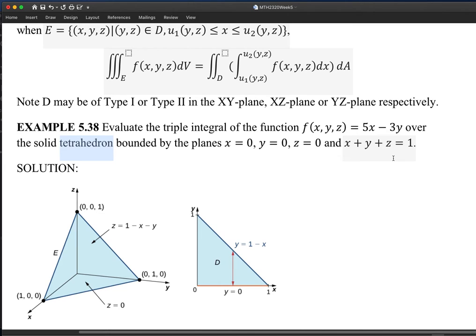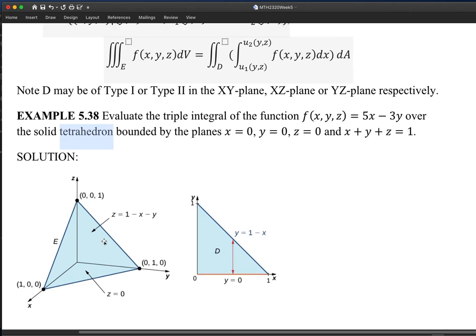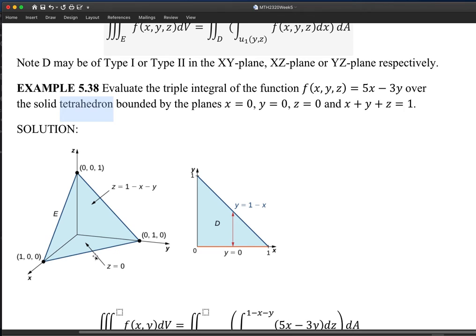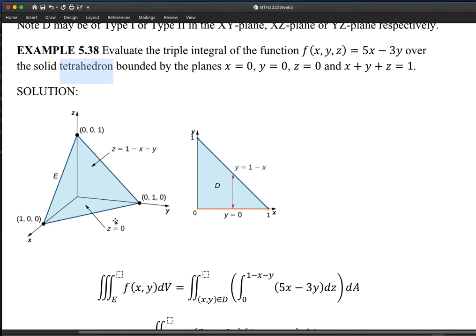And then to evaluate this triple integral, if you think very carefully, you could look from front to back along the x-axis, or from right to left along the y-axis, or you could simply look down from the z-axis, from top to bottom. In any case, we have the surfaces. Let's start with looking down from the z-axis.